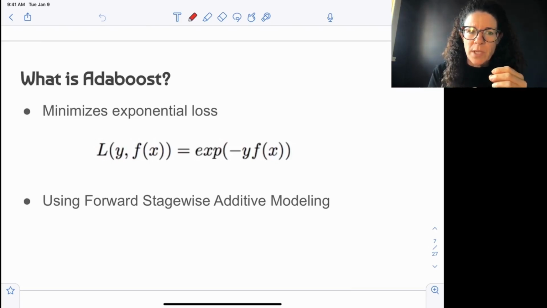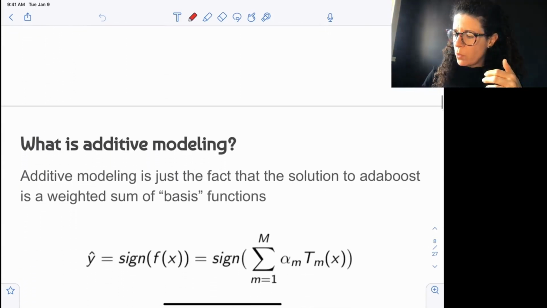But basically what is happening is that AdaBoost is minimizing the exponential loss function and is using forward stage-wise additive modeling in a similar way to what we did for the mean square loss function. So let's remind ourselves what additive modeling is and what forward stage-wise fitting is.